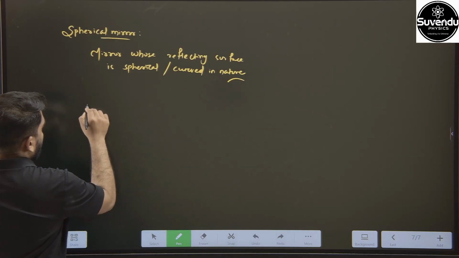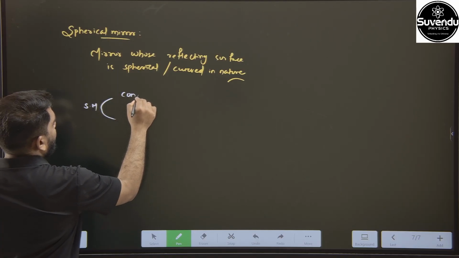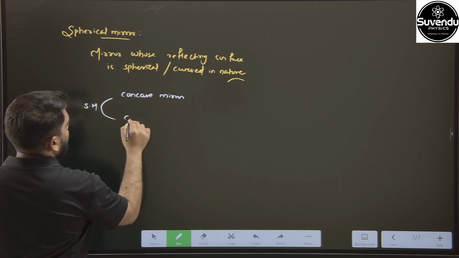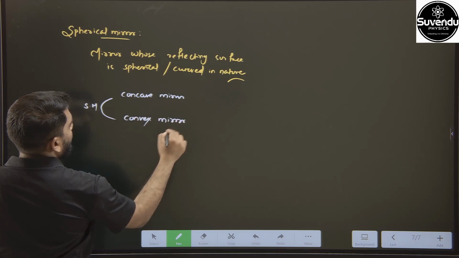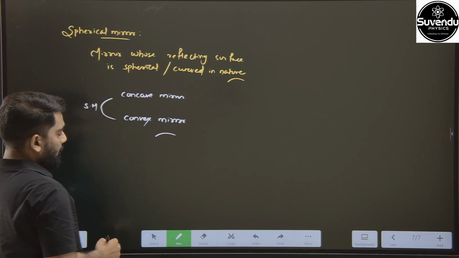This spherical mirror, we can also call curved mirror. This is of two types. One is our concave mirror, another one is convex mirror. So now we will discuss in detail about this concave and convex mirror.